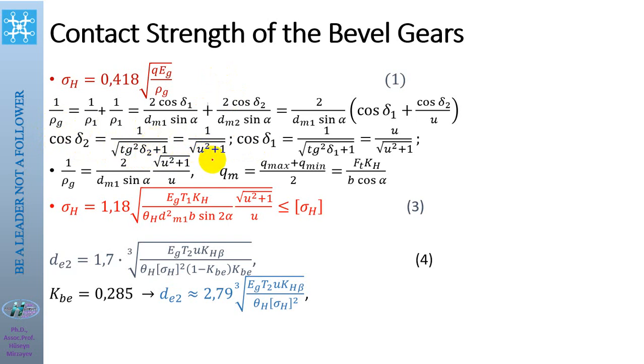For right-angle bevel gears, where u is the velocity ratio, u is equal to tangent delta 2.